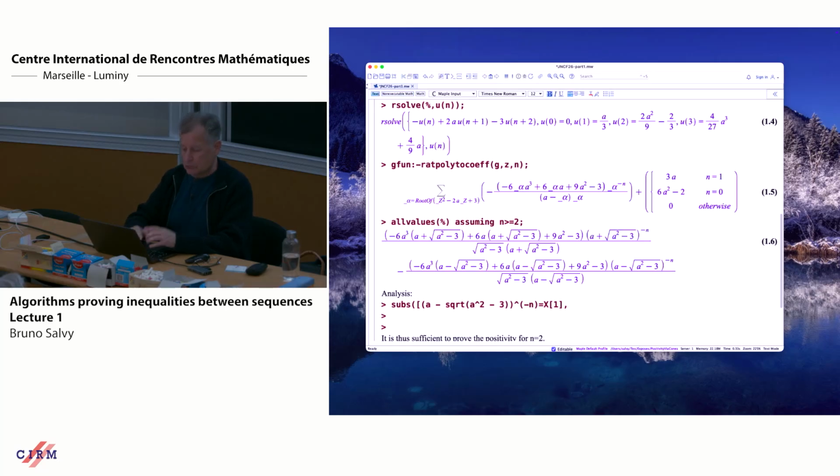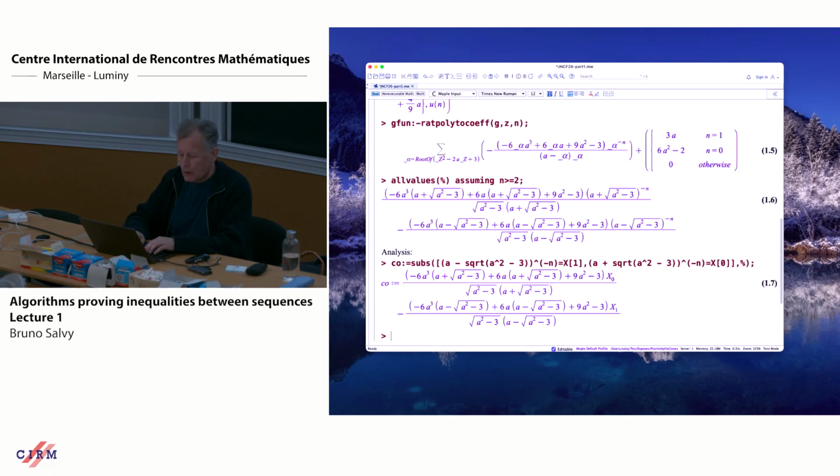So x1 is the big one. First I have to check that the coefficient in front of x1 is positive for A at least square root of 3. There's this square root of A squared minus 3 in the denominator, but those are only algebraic numbers, so you can simplify this a bit.